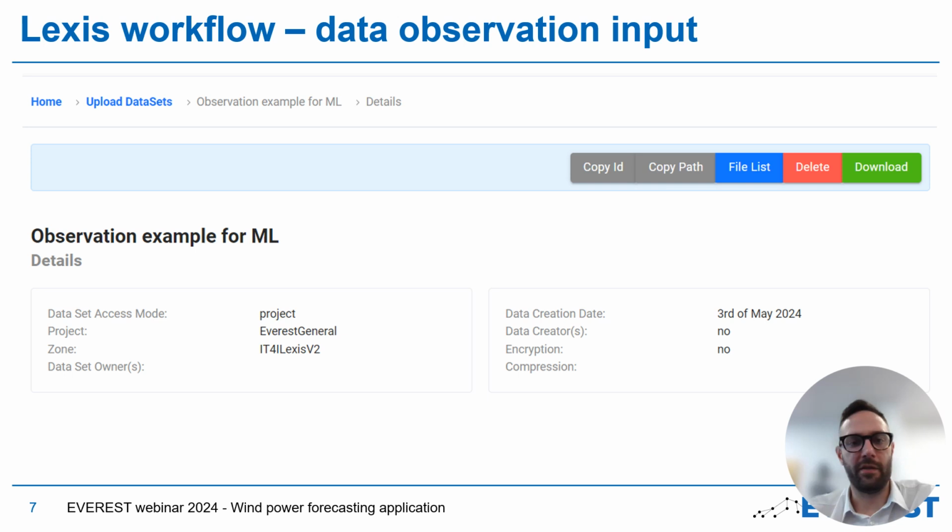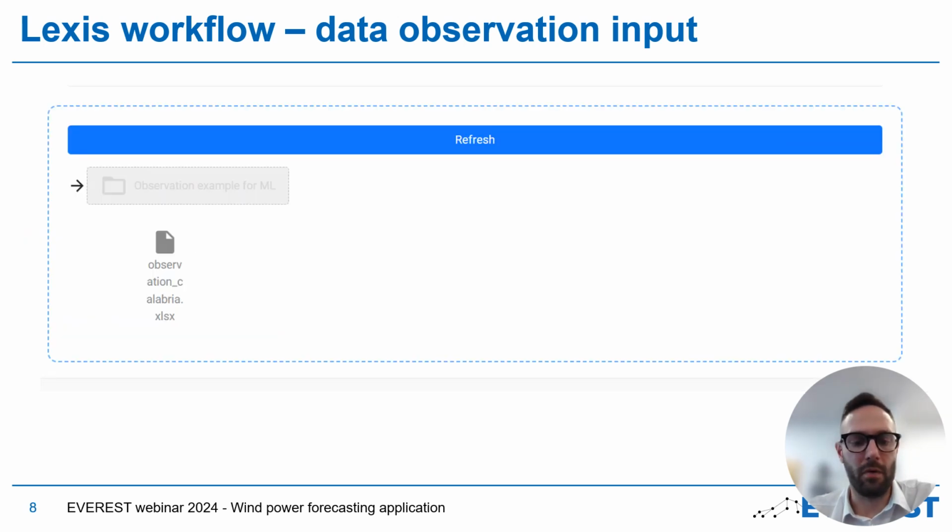In this slide, we can see the observation file that we need to upload. And to be more specific, this is actually the file that we used, in our case, an Excel file that is named Observation Calabria.